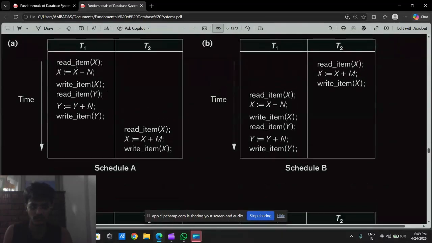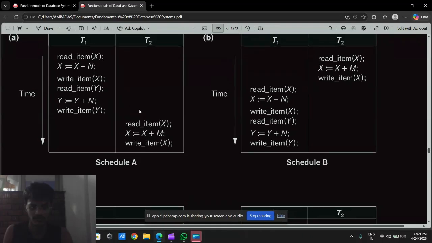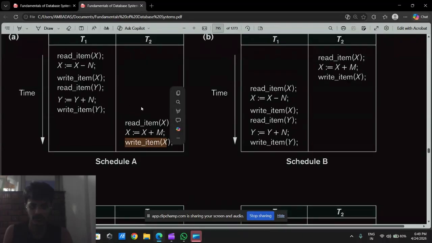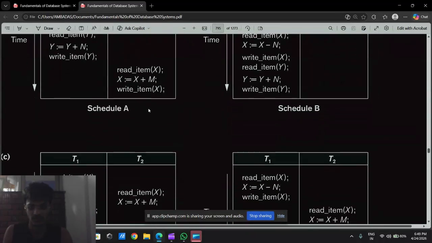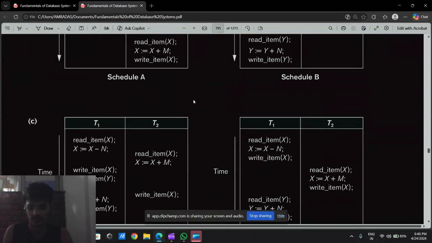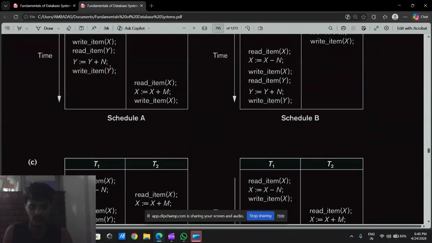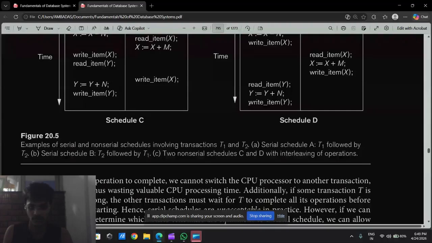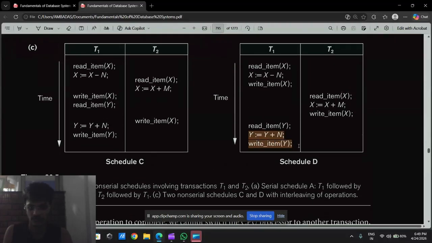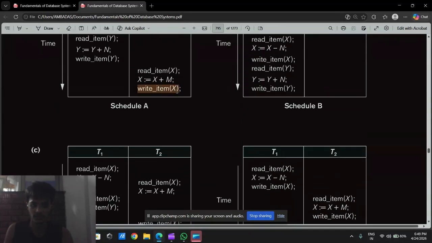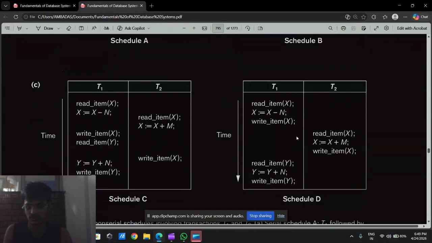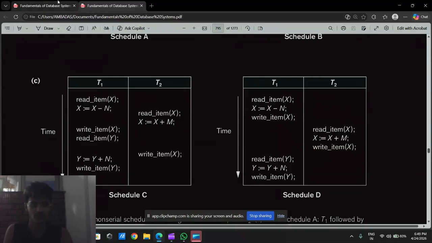Basically T2 writes last. At last we are writing item Y in transaction T1, and in the other schedule we are likewise writing Y at last, and the same for T2, we are writing item X.